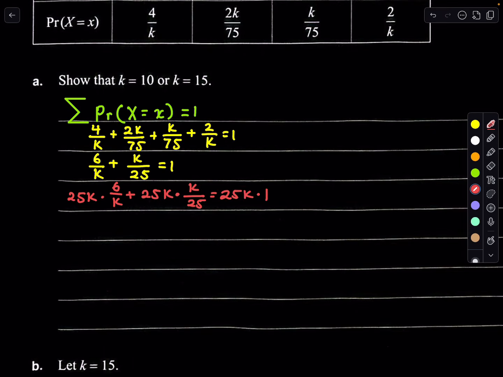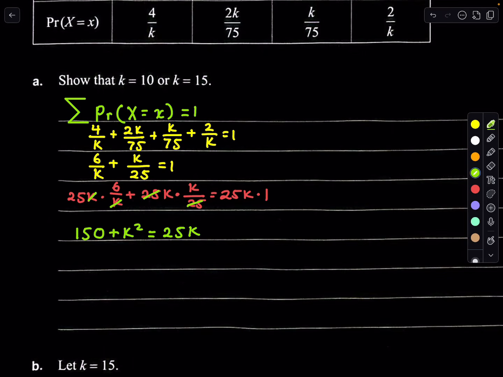If you're wondering where I got that common denominator, I just multiplied those denominators together. Beautiful. And I can cancel out this k here. So what's 25 times 6? That's 150. Yep, that is correct. And these 25s cancel out, so you're left with k squared. And 25k times 1 is just 25k.